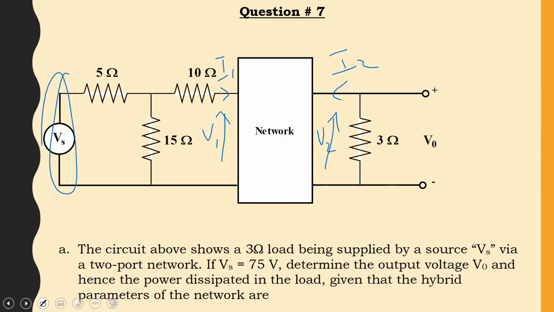So in this example, you're given a 3 ohm load. You're told that you have a 75 volt source, and then you have this network of resistors. All right? Question is, how do we go about completing this analysis?